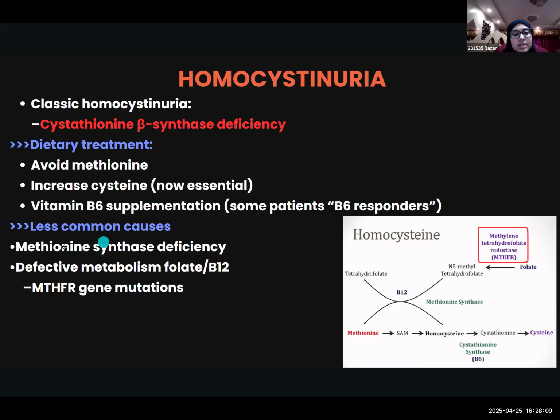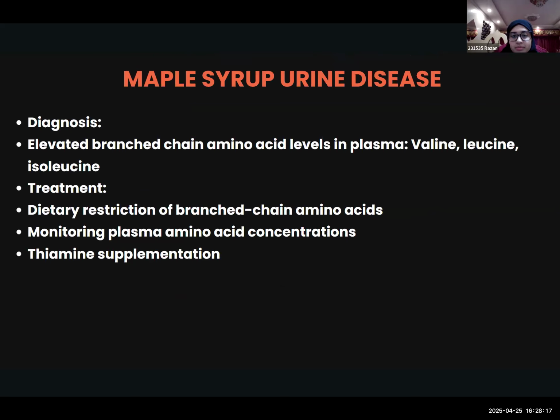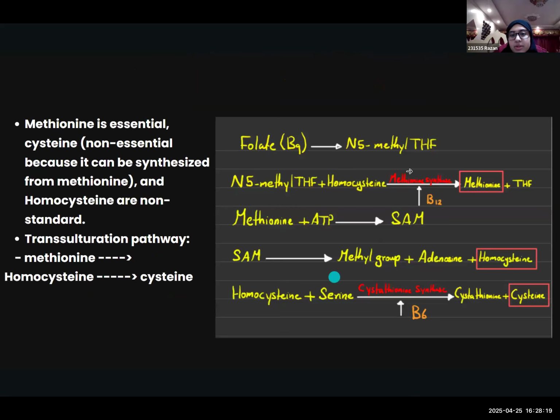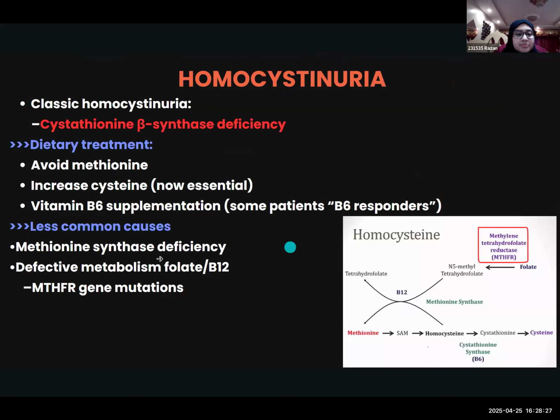Other less common causes are methionine synthase deficiency, the enzyme at the beginning here, and also defects in metabolism of folate and vitamin B12, like the MTHFR mutation, which is the enzyme required for folate conversion into N5-methyl tetrahydrofolate.